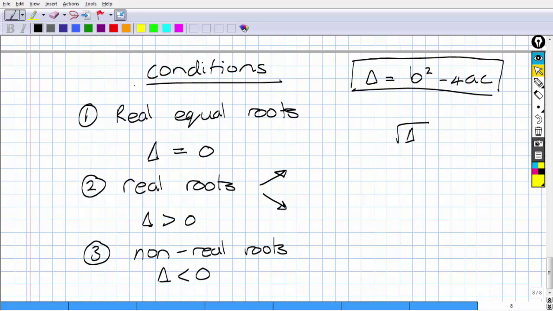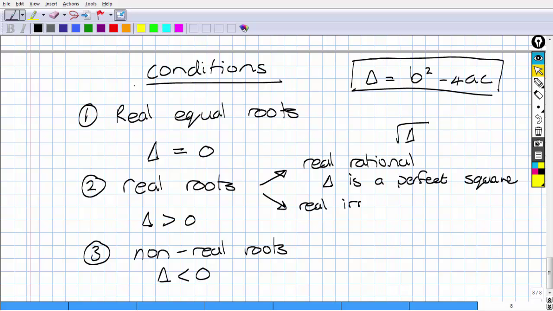Now, we have real rational, right? And then that is when delta is a perfect square. And we have real irrational roots, and that is when delta is not a perfect square.